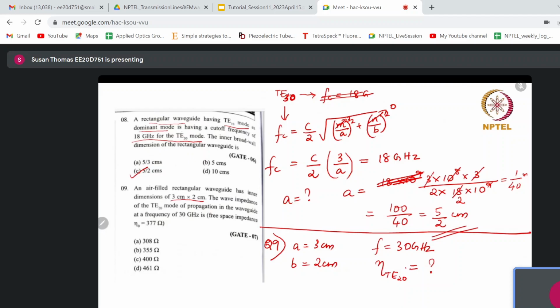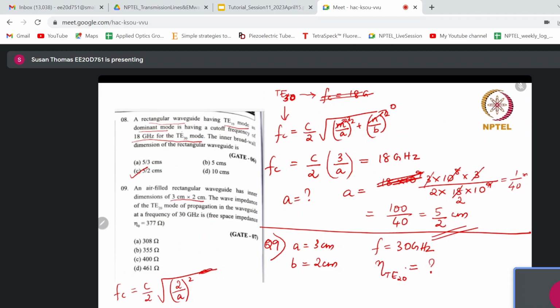First we have to find the FC for this TE20 mode. FC is equal to C by 2 into root of (M by A, that is 2 by A) the whole square. N is 0, so the next term does not exist.